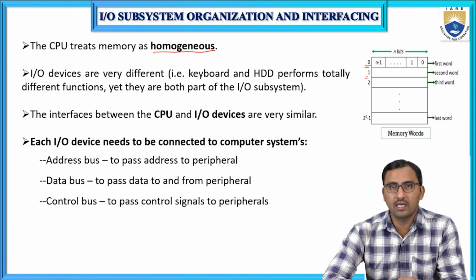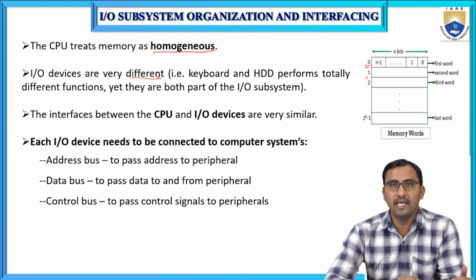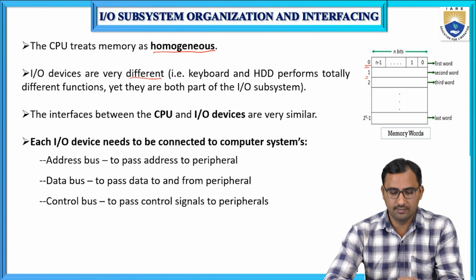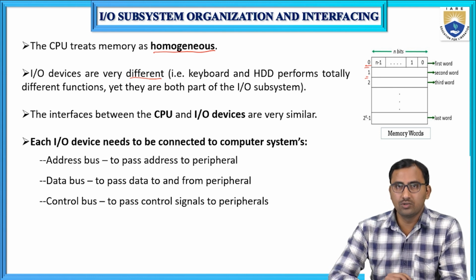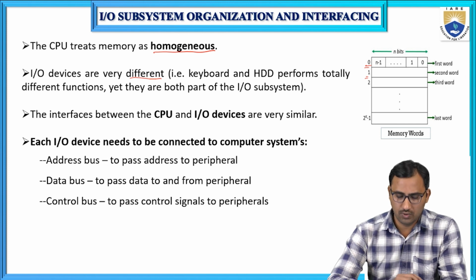But this is not the case for the I/O devices. I/O devices are very different. Reading from an I/O device is different from writing into an I/O device. So we place an interface circuit between the CPU and the I/O devices.